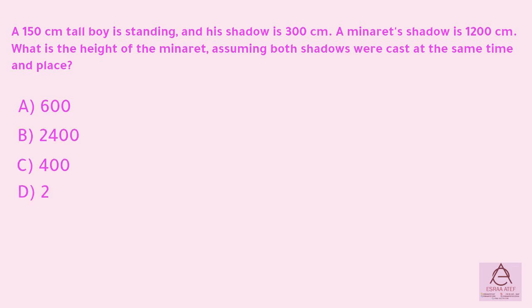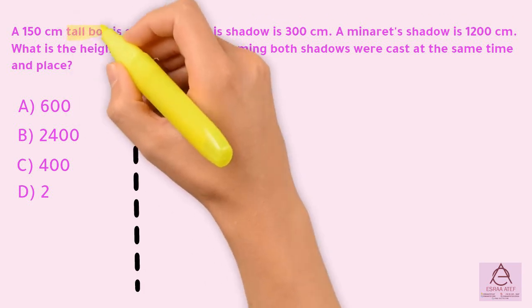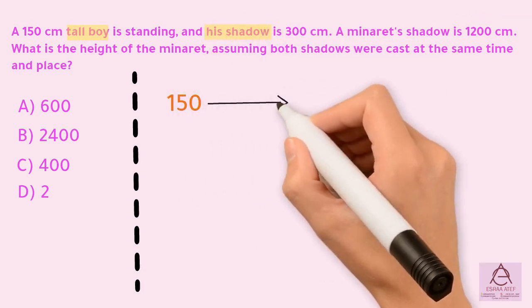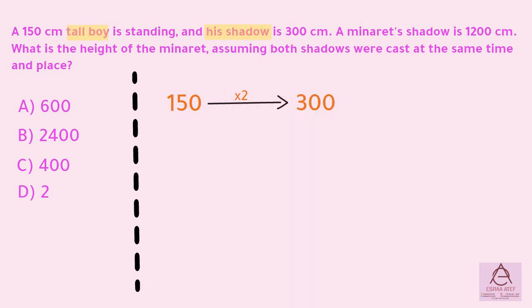Here we have the ratio between the length of the boy and his shadow, which is 150. The shadow will be 300, which means double of it, so we multiply the length by 2 to get the shadow.